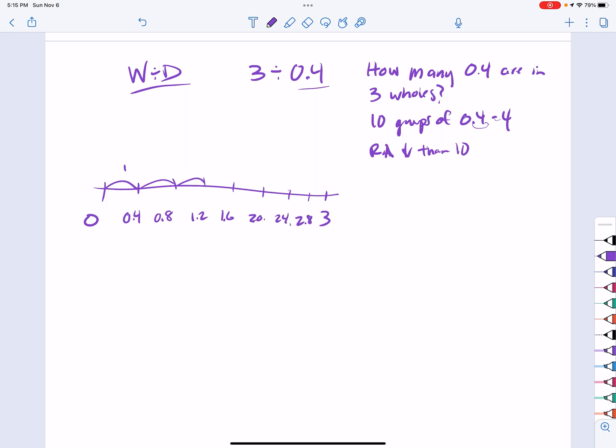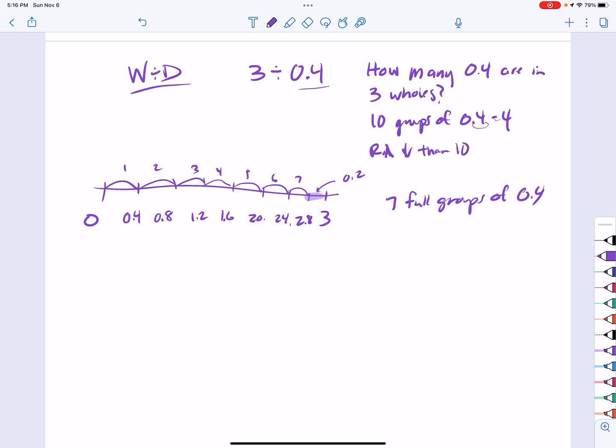Now I notice there's going to be something a little bit wonky, or not quite as friendly, that happens there. But if I count each of these jumps, I would count 2, 3, 4, 5, 6, 7 full jumps of 4/10. And then this last bit right here is only 2/10 away.